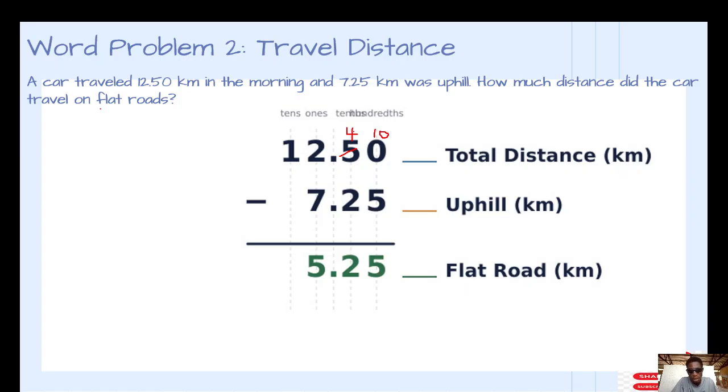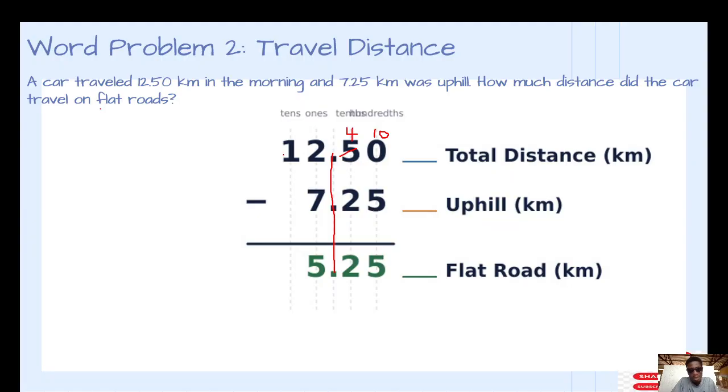So now you subtract 5 from 10, leaving you 5. Now we are left with 4 here. So 4 minus 2 is possible, which gives us what? 2. Then you bring your decimal point. Please remember to align the decimal point. Then you have 2 minus 7. Remember, you cannot subtract or take away 7 from 2. So what you need to do is to borrow 1 from the next column, which is the tens, and add it to what?